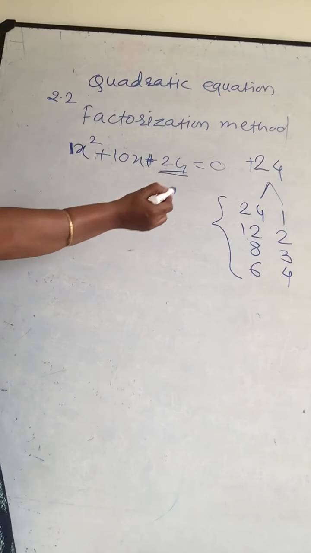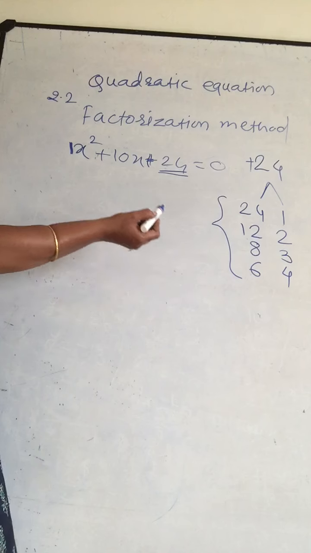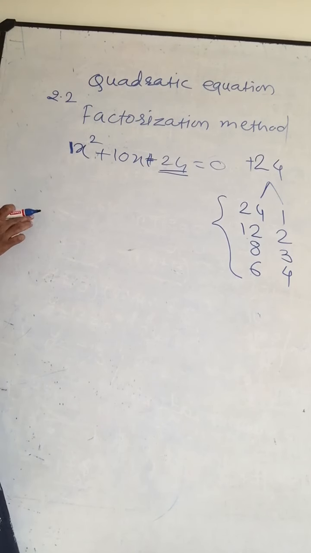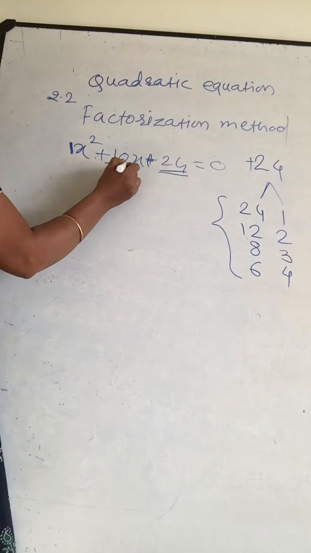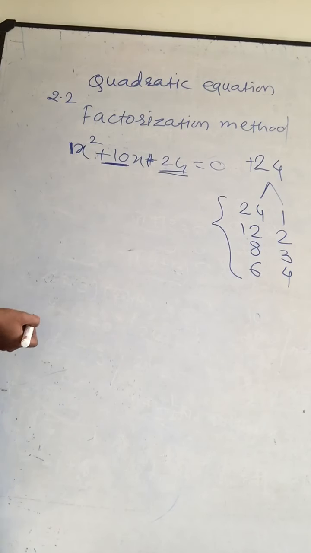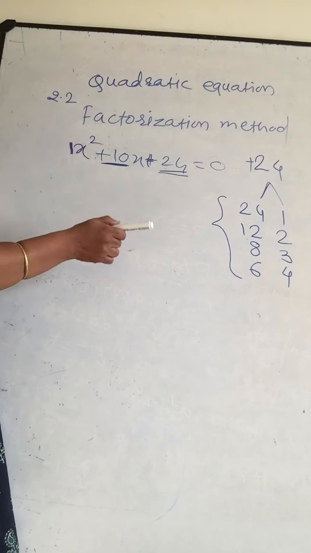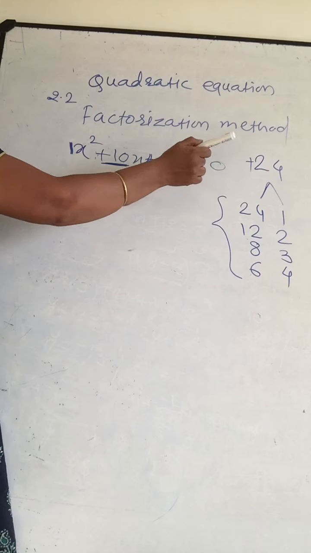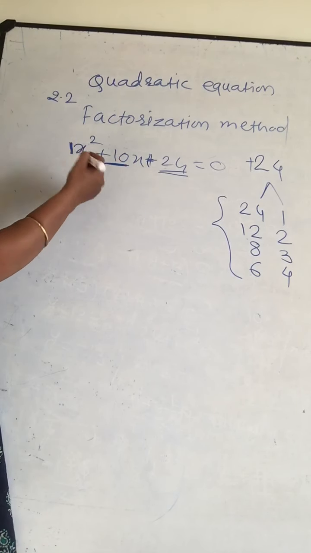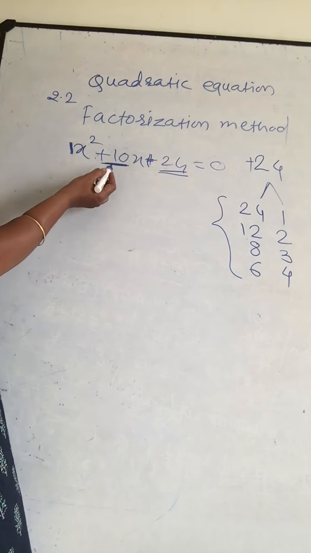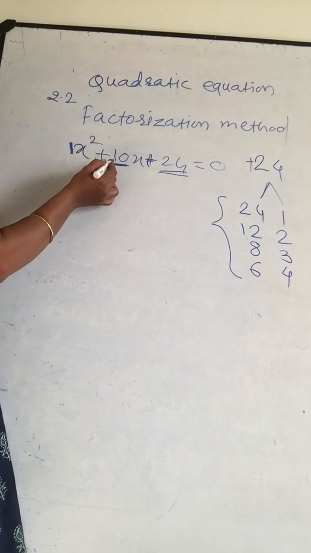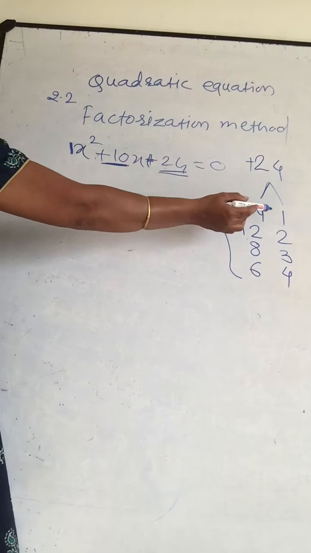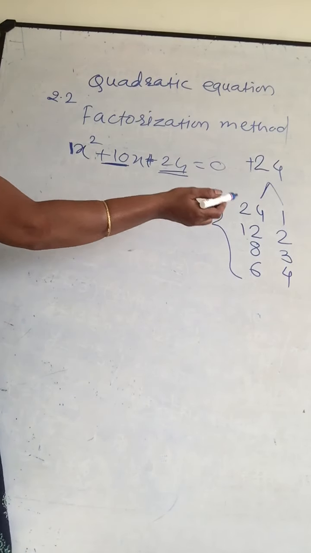Now which pair do we have to choose for solving the quadratic equation? Here the middle term is plus 10. So choose the pair whose multiplication is 24 but whose addition or subtraction is 10. 24 plus 1 is 25, 24 minus 1 is 23.